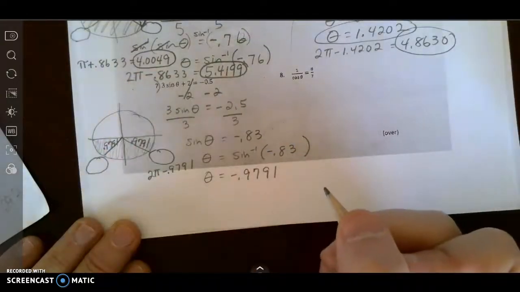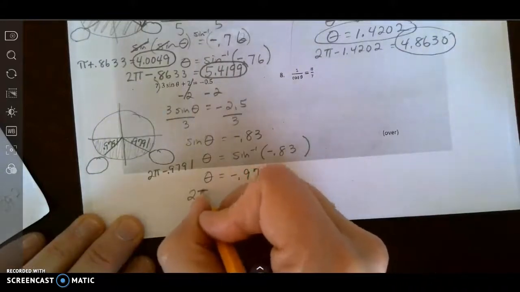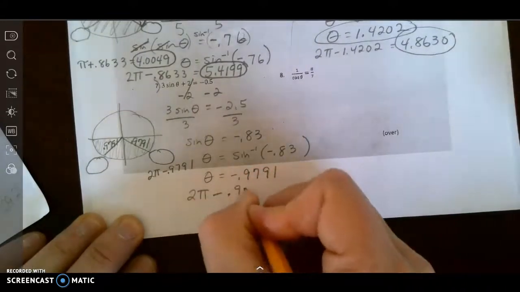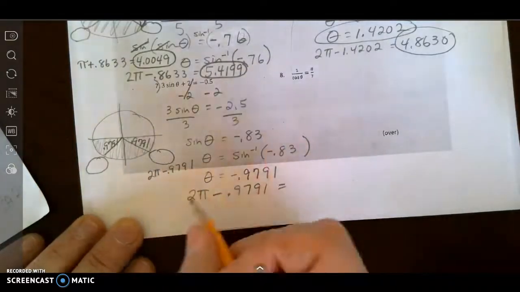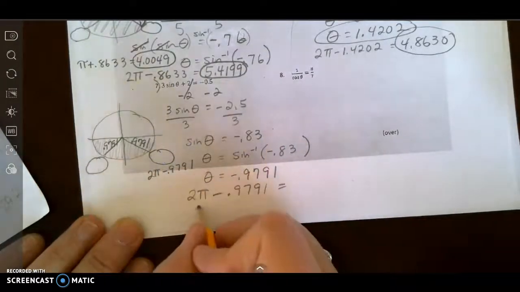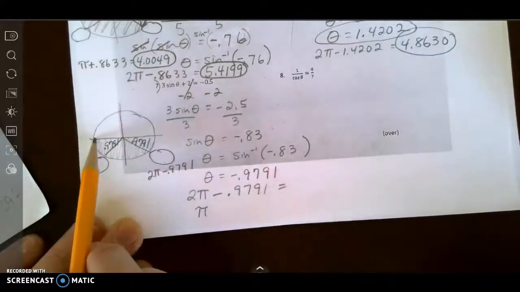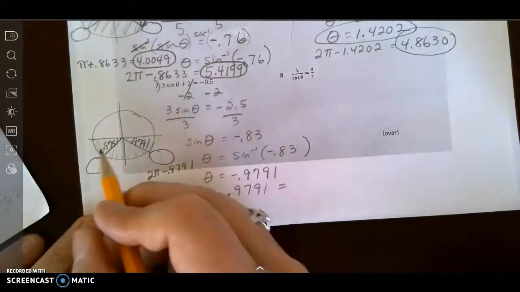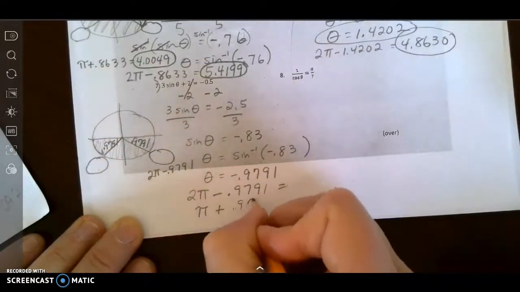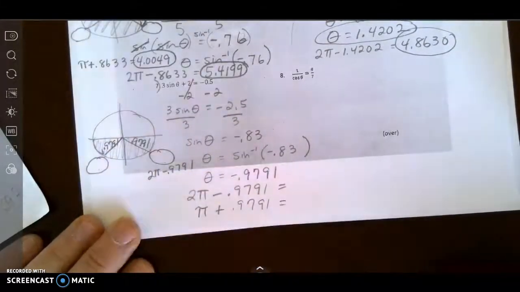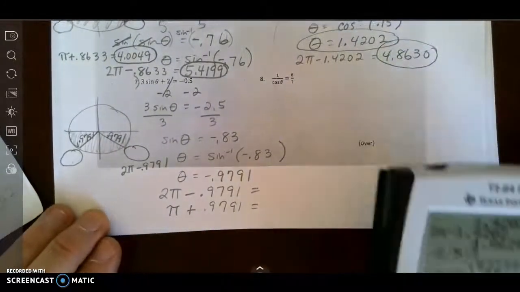This one here is going to be pi plus 0.9791. So I'm going to have 2 pi minus 0.9791. That's going to give me my quadrant 4 answer. And for this answer, I'm going to have pi, plus, because I'm going in the positive direction, 0.9791. And those will be my 2 answers.